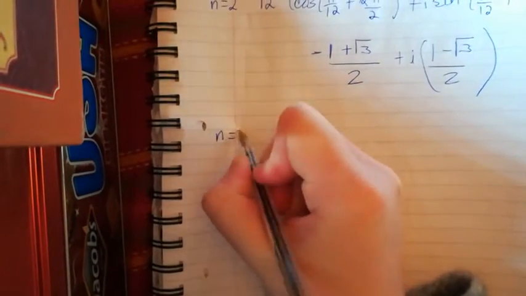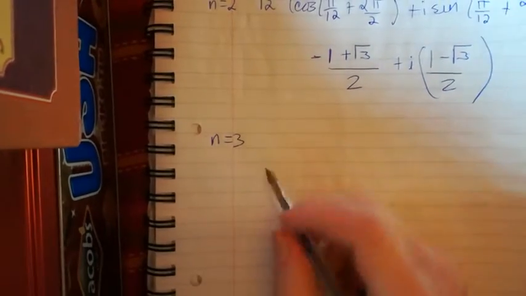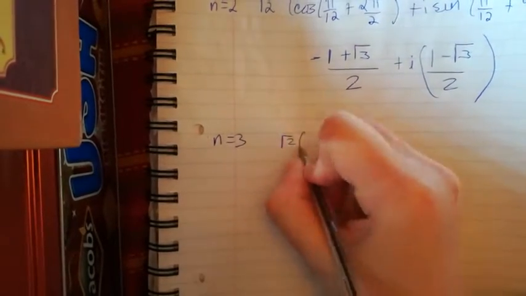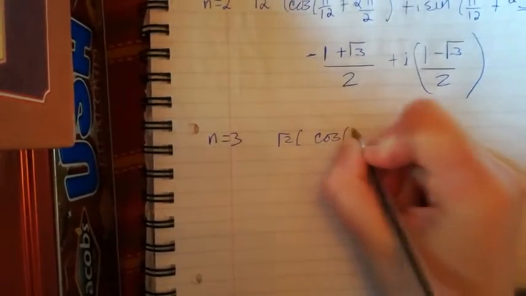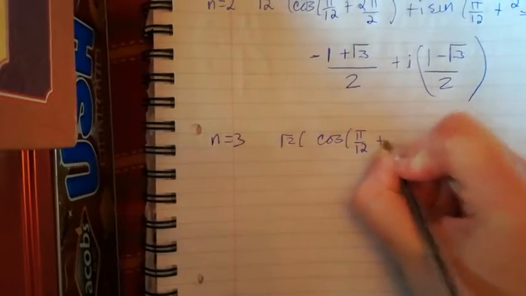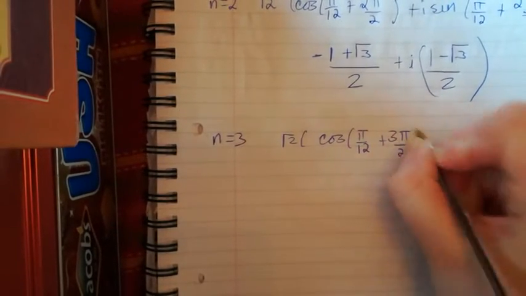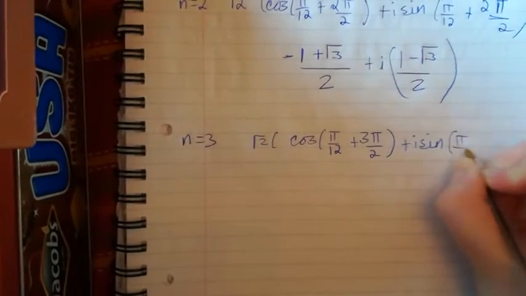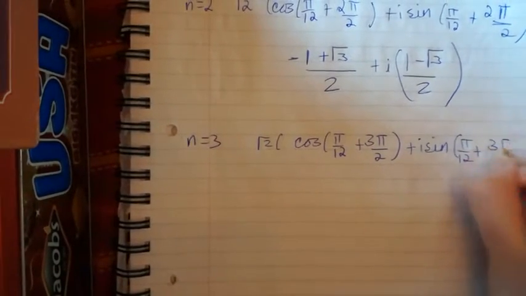So that's our n equals 2 solution, and then for our final solution I'm going to have to let n equals 3. And note there are only 4 solutions, the first being n equals 0. So root 2 by cos of pi over 12 plus 3 pi over 2, plus I sin of pi over 12 plus 3 pi over 2.